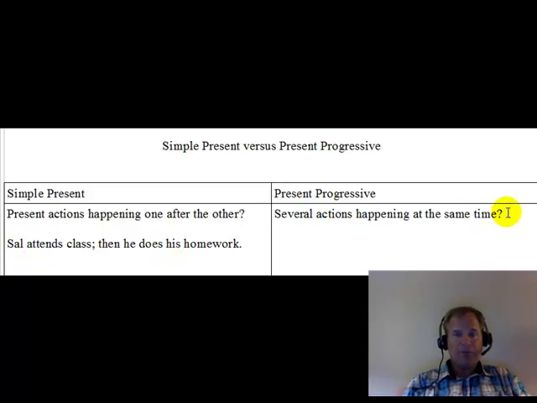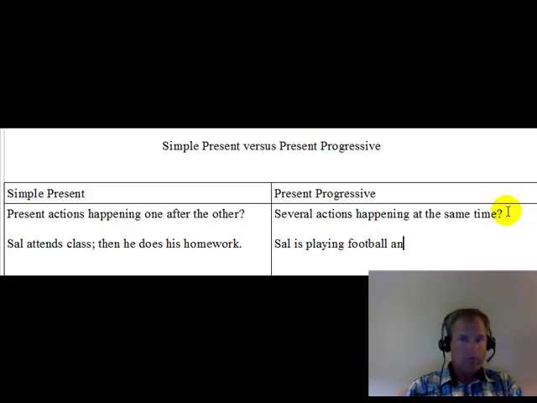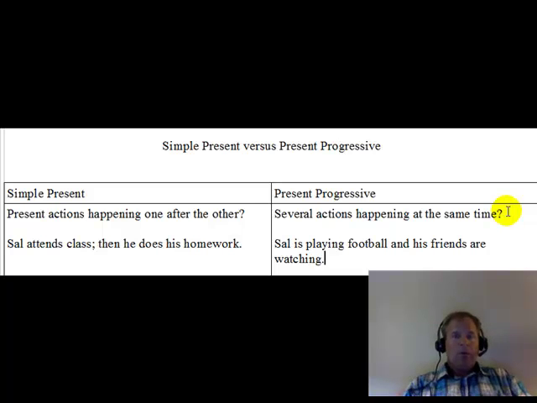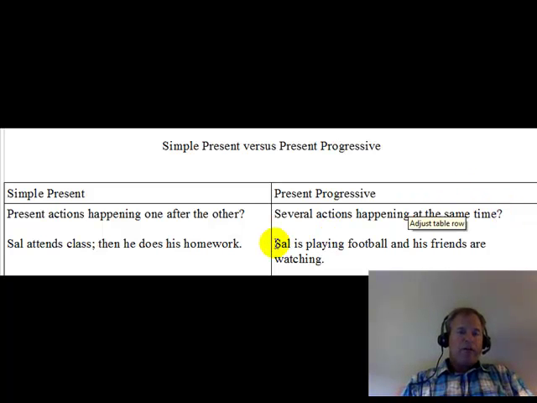Now how about this one? How about you have several actions which maybe are happening at the same time. In this case, we have Sal is playing football and his friends are watching.